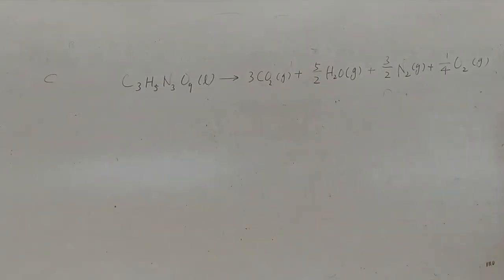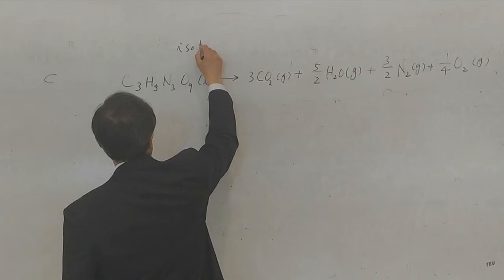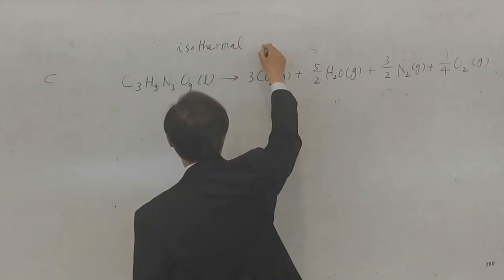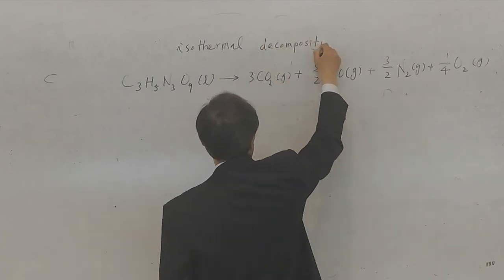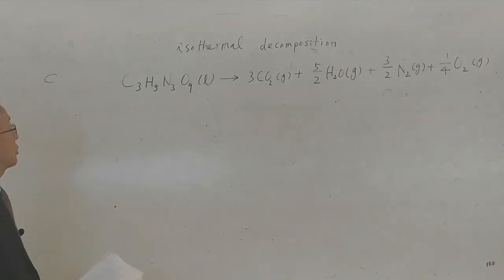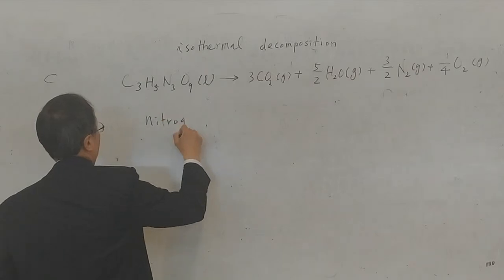At 25 degrees, this 1 mole of nitroglycerin undergoes isothermal decomposition. Isothermal means at the same temperature, the temperature is maintained constant.